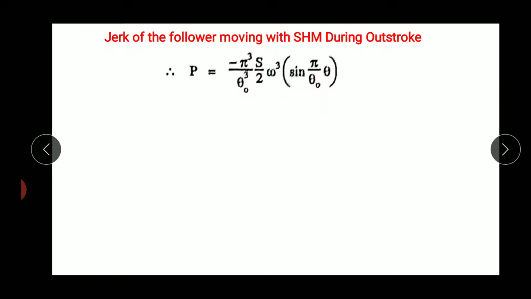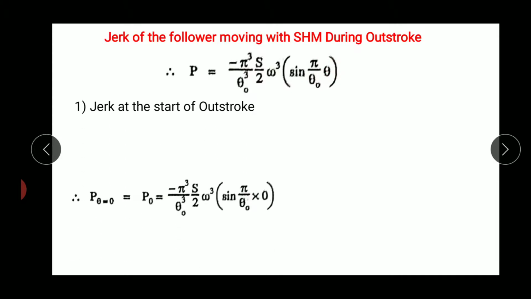We have to calculate it at 3 different positions, at the start, at the middle, and at the end of outstroke. So at the start of outstroke the angle turned is 0. So put theta is 0, so it will become sine 0. Sine 0 is 0. So jerk at the start is 0.